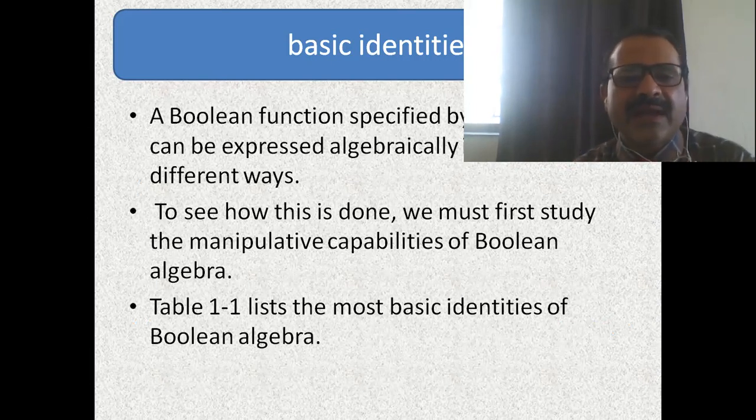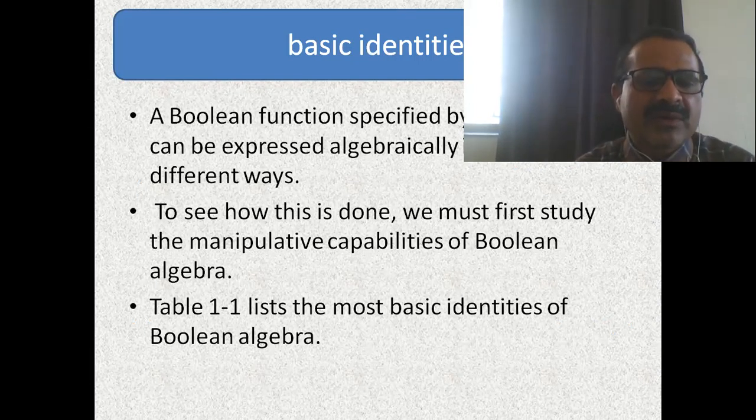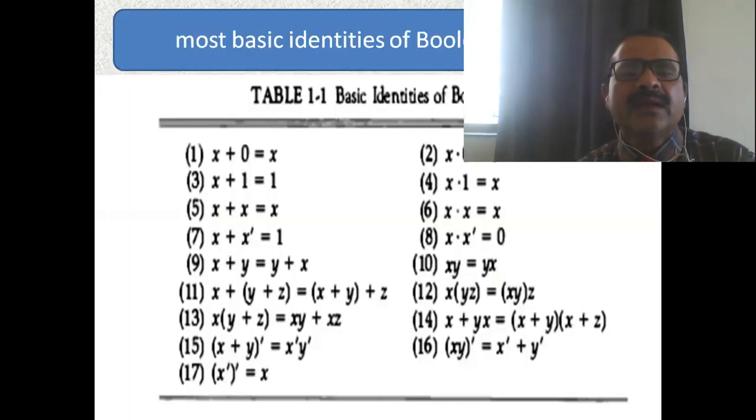Now, how can this be done? Let us see. We must first study what capabilities are provided by Boolean algebra in order to manipulate its strengths. In the next slide we are going to study these capabilities. So the next table, table 1.1, lists the most basic identities of Boolean algebra.